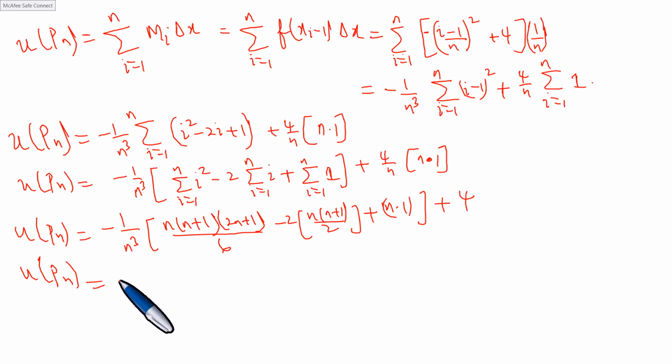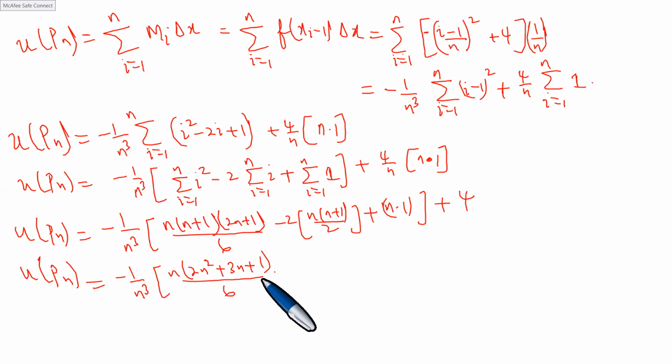So what is all this here? You can write minus 1 over n cubed and deal with the inside here. So this one, it's 2n squared plus 3n plus 1 out of 6, minus n squared minus n plus n, plus 4, minus 1 over n cubed.